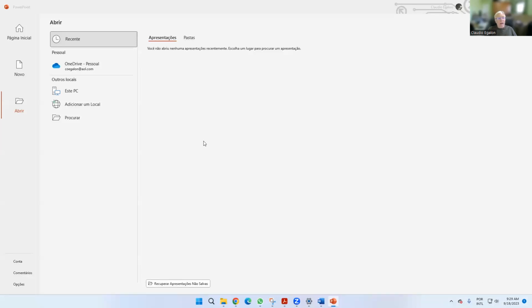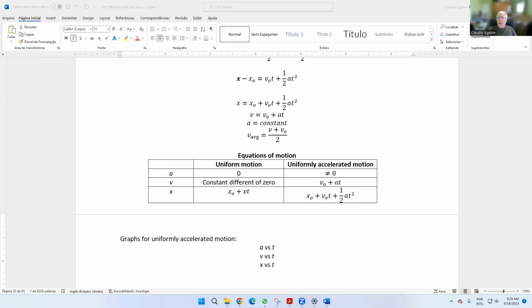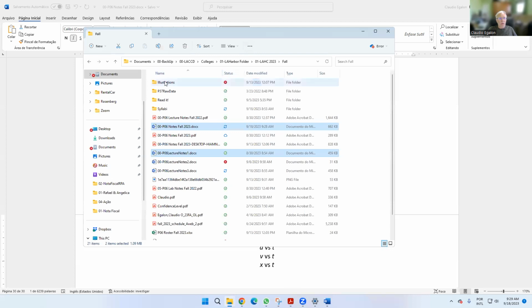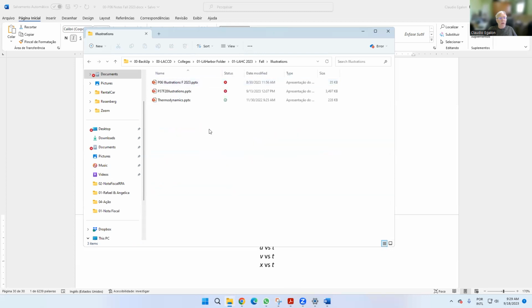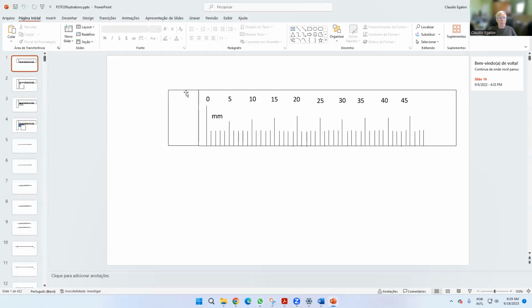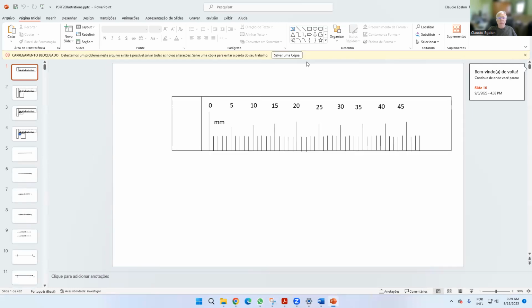Let's see if we can get search. Okay, I think I'll have to do that manually. I'm looking for my illustrations, which are right in here. Okay, let's see.